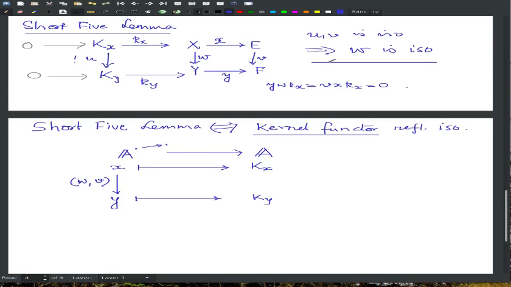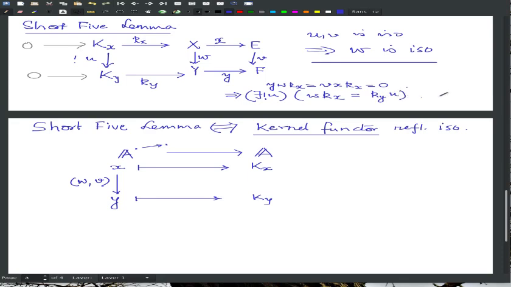So the moment I give you this, this part becomes uniquely determined. So this tells us there exists a unique U such that W kx is equal to Ky.